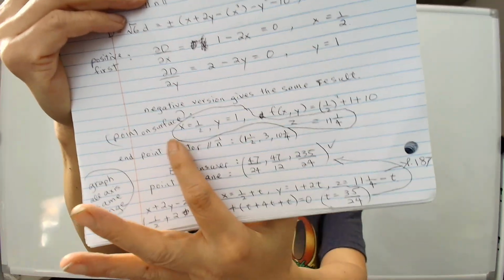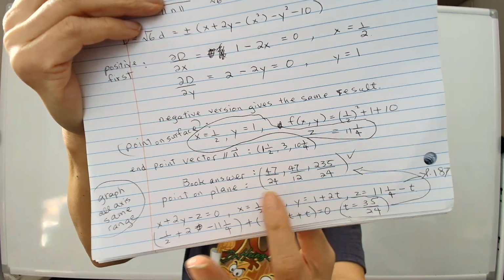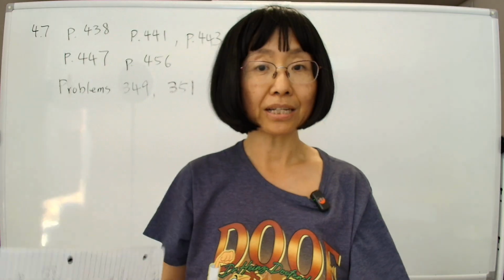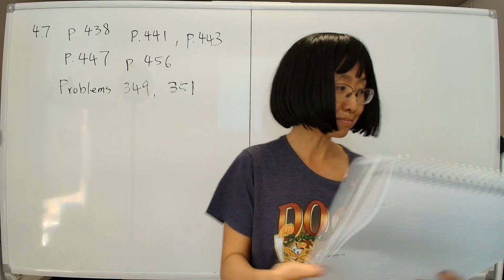The surface will be closest at this location x, y, z, whereas the plane will have x, y, z at this location where it's closest to the surface. So that's where all those funny numbers come from.